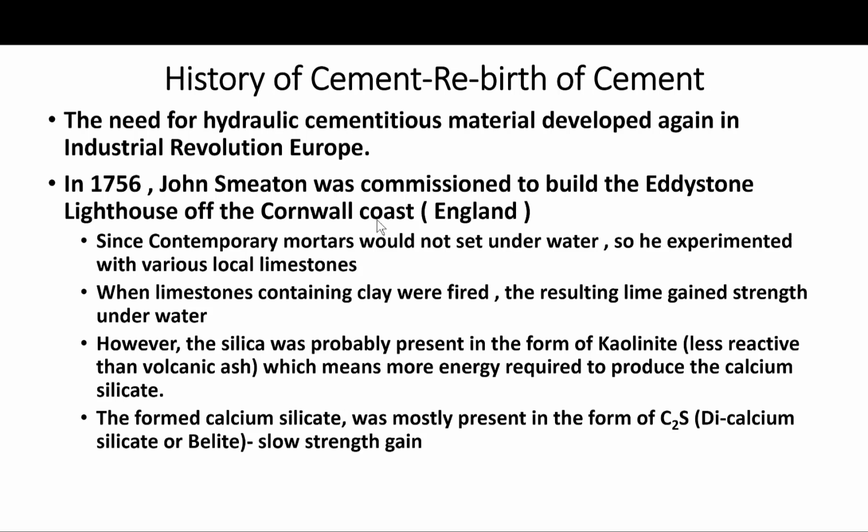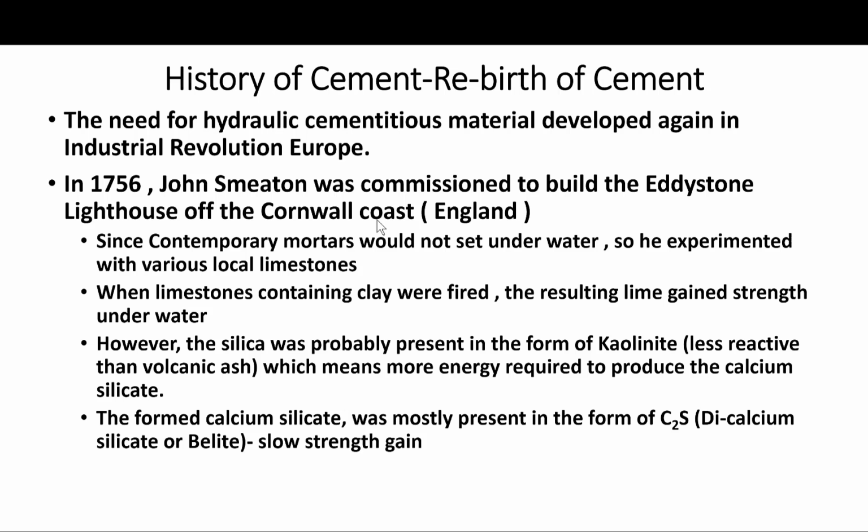However, the silica was probably present in the form of kaolinite, which is less reactive than volcanic ash, which means more energy was required to produce the calcium silicate, which means more expensive. The formed calcium silicate from this process was believed to be mostly in the form of C2S, which is dicalcium silicate, or belite.